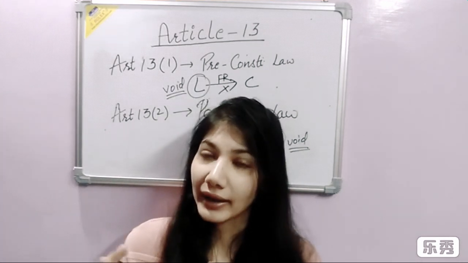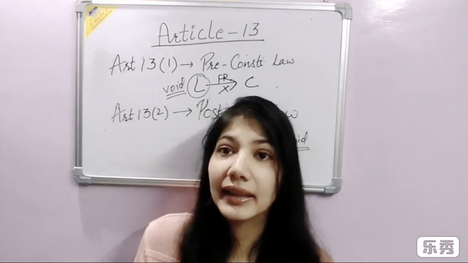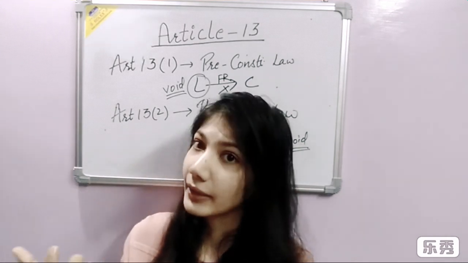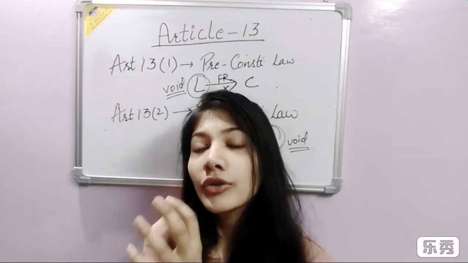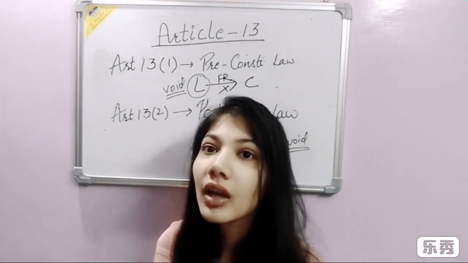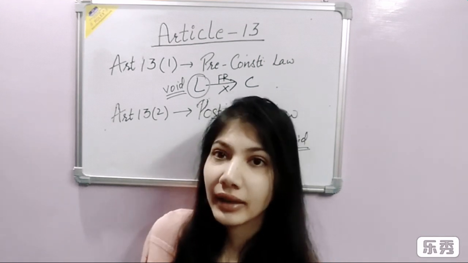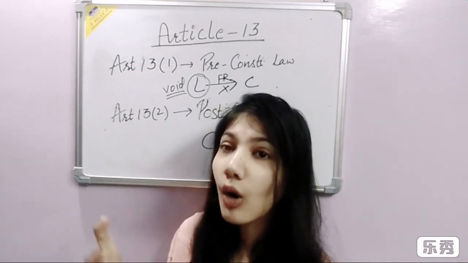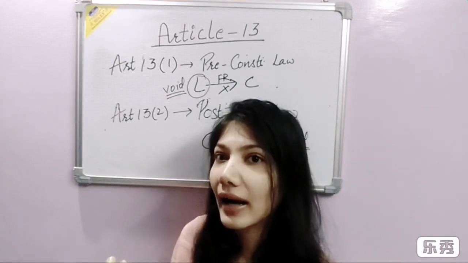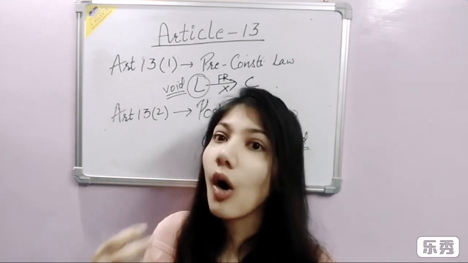Now Doctrine of Eclipse. See, Article 13 Clause 1 basically has given rise to the Doctrine of Eclipse. So eclipse, as the name itself says, is like a solar eclipse, lunar eclipse. Same here in this case, if the law is inconsistent or in violation of the fundamental rights, then it will not be treated as dead or void.